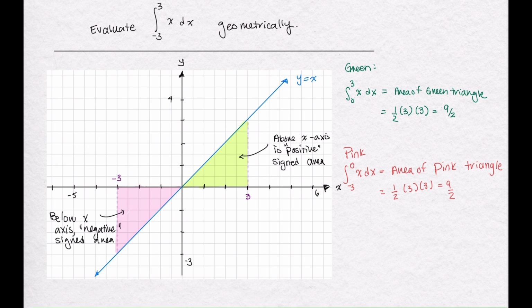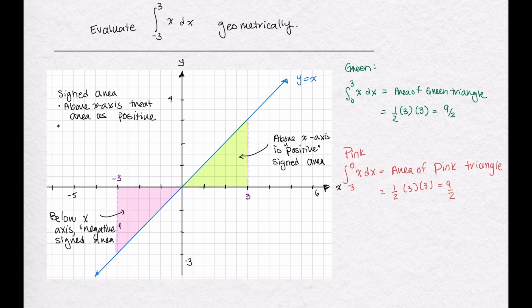And signed area basically tells us that we're treating this as a negative number here. So this area in pink, we're treating as a negative number because it's below the x-axis. So above the x-axis, you treat area as positive.